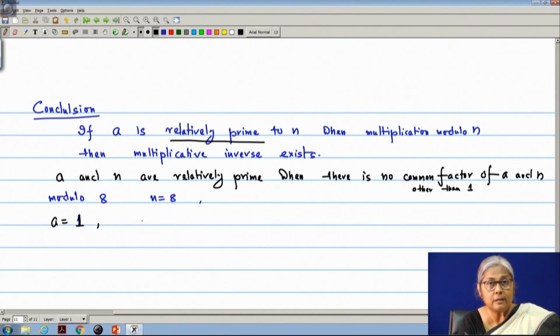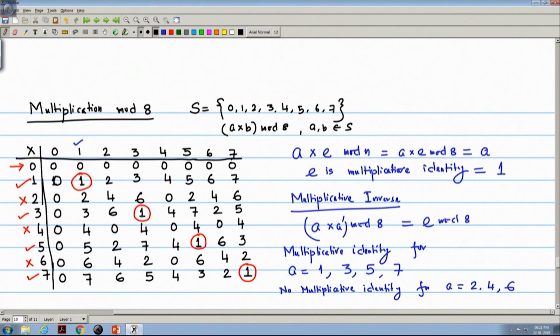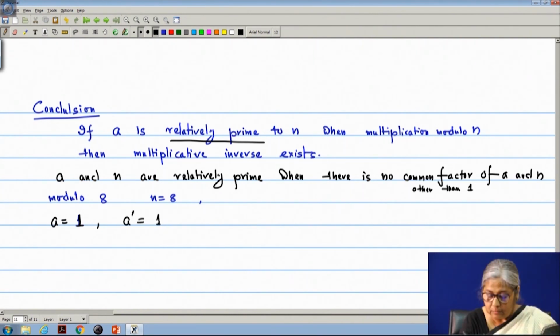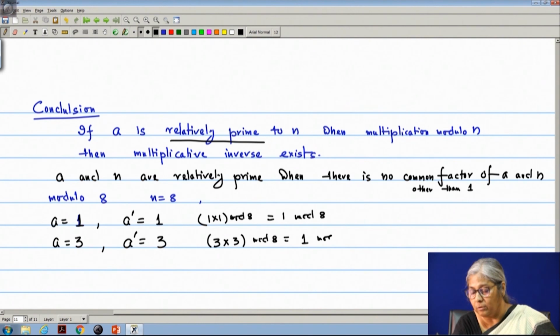So, 1 and 8 are relatively prime, and the inverse is 1 only. We are getting A dash equal to 1. When A equal to 3, A dash equal to 3, since 3 into 3 modulo 8 is 9 modulo 8, which is 1 modulo 8, and 1 is my identity.